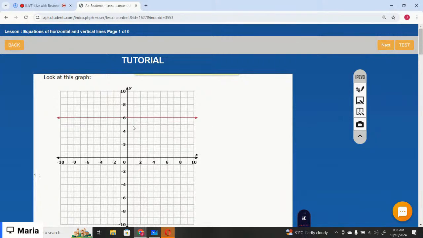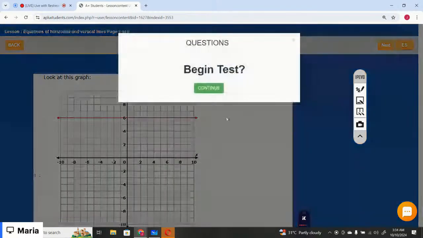So the line equation is y equals 6. So y equals 6 is the equation for this graph.